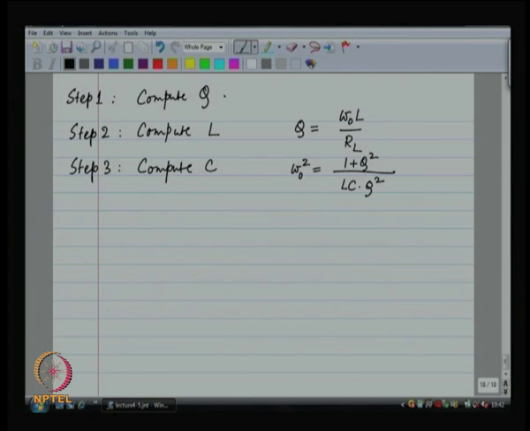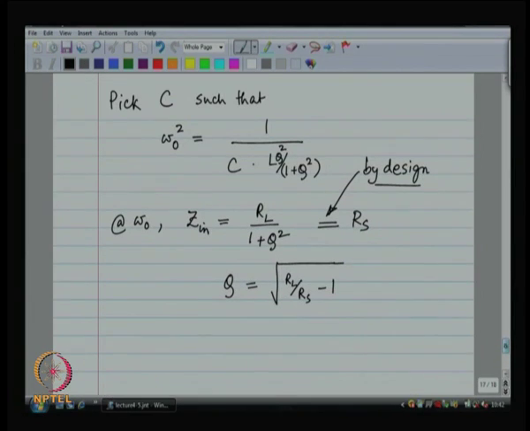All right. What is the problem? What is the biggest problem with this step 1, step 2 and step 3? What is the problem in step 1? What happens if R L is smaller than R S? If R L is smaller than R S, then I do not get a meaningful number for Q, I get Q to be imaginary, in which case we are stuck.